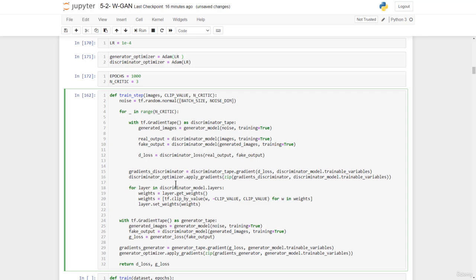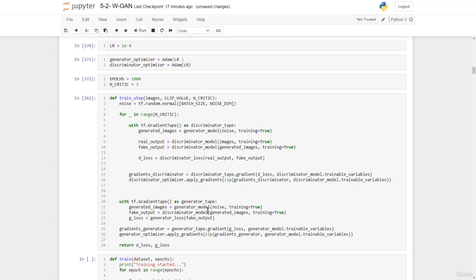So basically for all layers in the discriminator model, we get these layers and then we clip the values such that they don't go below a certain clip value or above this. So if our clip value is 0.01, our weights wouldn't go below negative 0.01 and wouldn't go above 0.01. And once this is done, we simply set the weights to these new clipped weights. Nonetheless, we are not going to be using this, so we take this off.